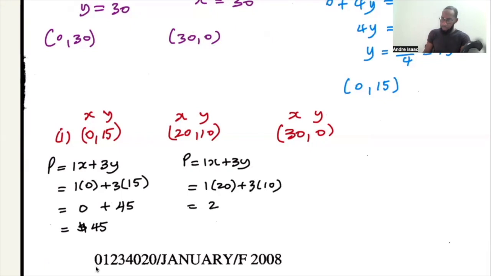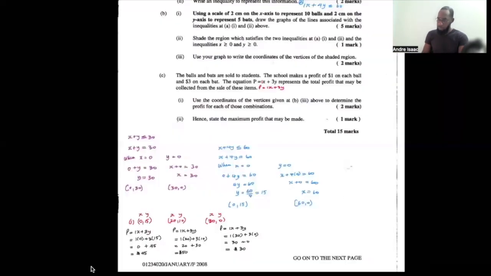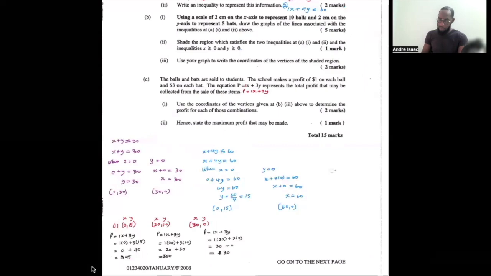So that is 20 plus 30, and you will get $50 there. And the profit here is 1 by 30 plus 3 by 0. We have 30 plus 0, 30.